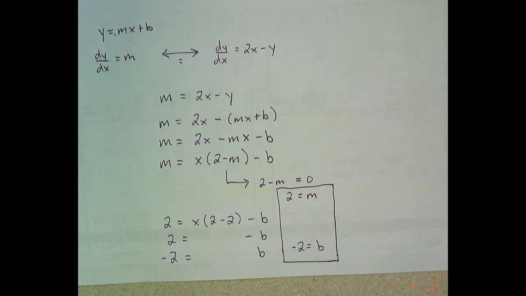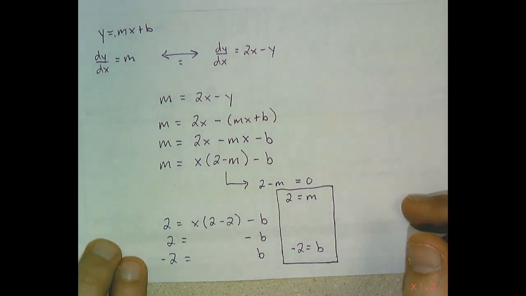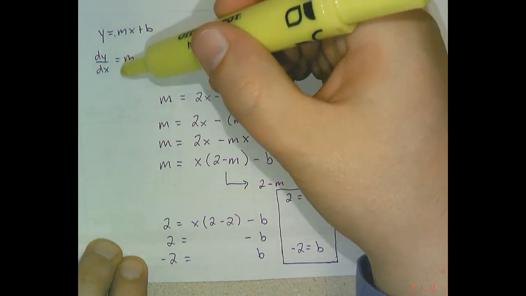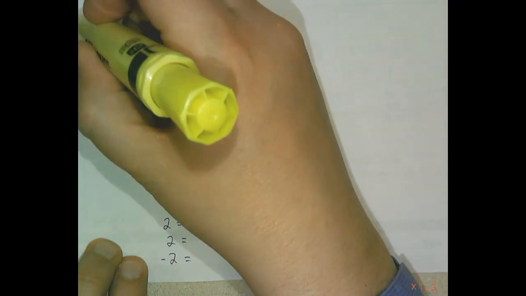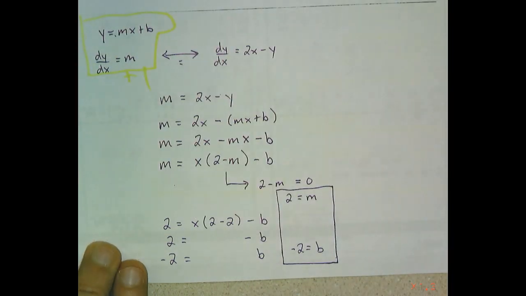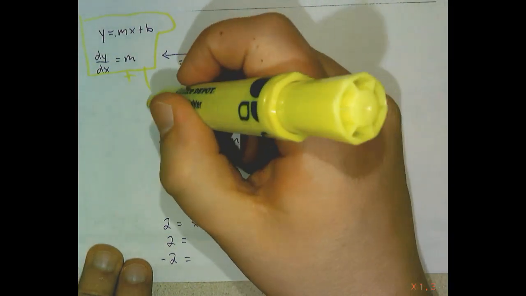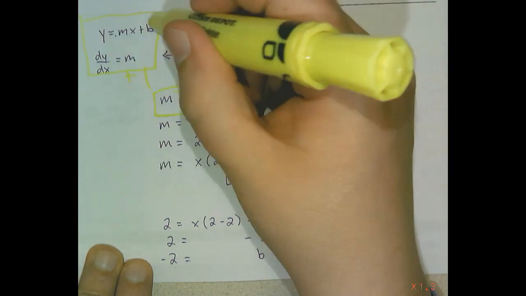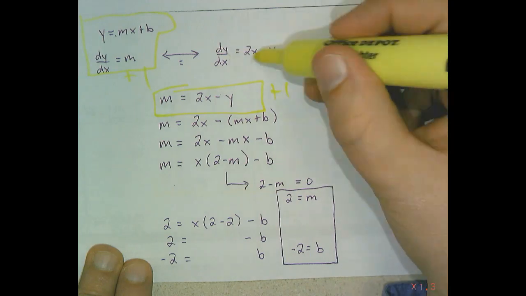Okay, the 3 points that come from this. Did we find the derivative of mx plus b? So finding that relationship right there is worth 1 point. The second point comes from setting the slope of this equation equal to the given slope.